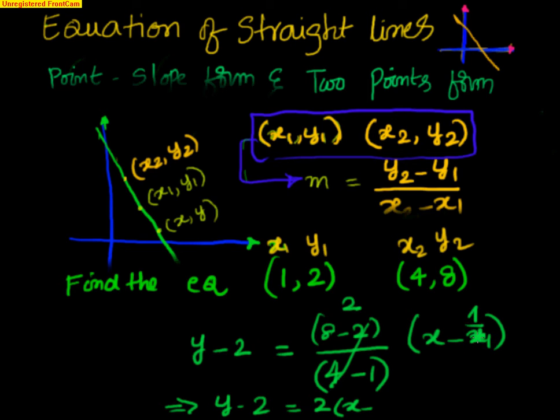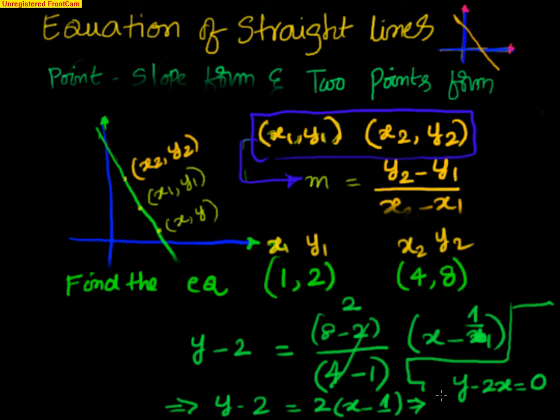So this is 2 into x minus 1. Now if I simplify this, y minus 2 equal to 2x minus 2, that's nothing but y minus 2x equal to 0.